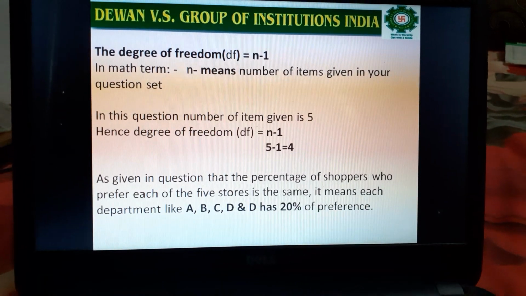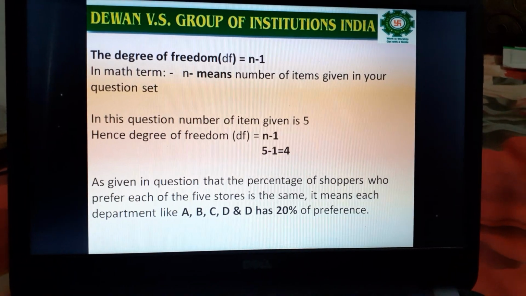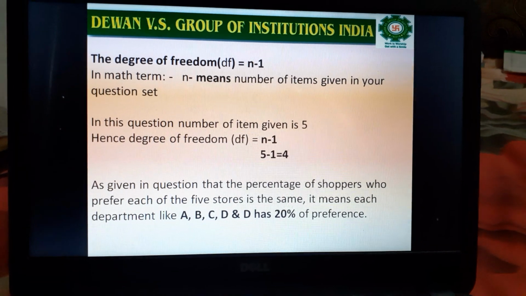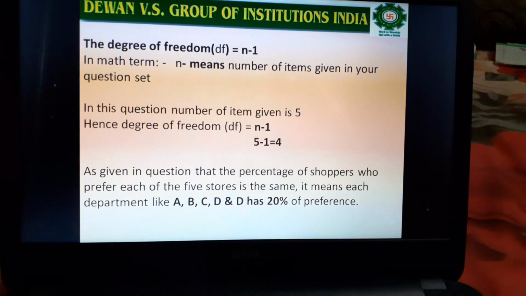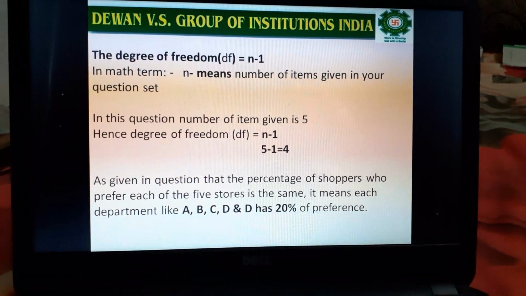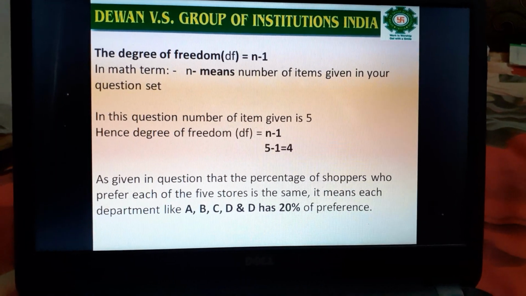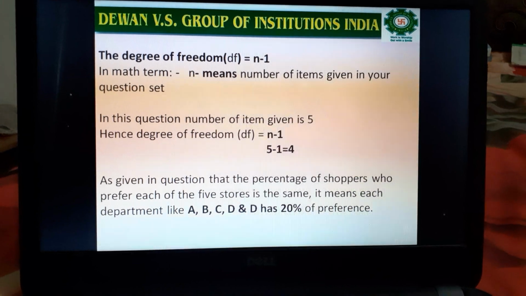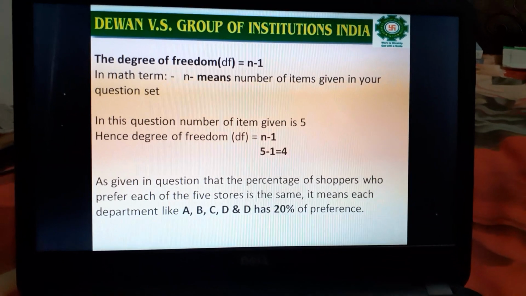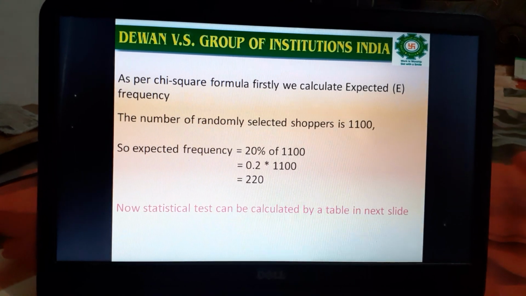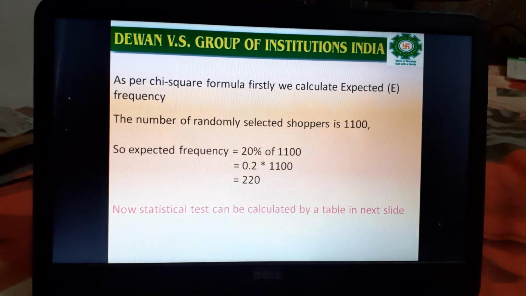Now, as given in the question, the percentage of shoppers who prefer each of the 5 stores is the same. It means each departmental store, A, B, C, D and E, has 20% preference. As per the chi-square formula, firstly we calculate the expected frequency.